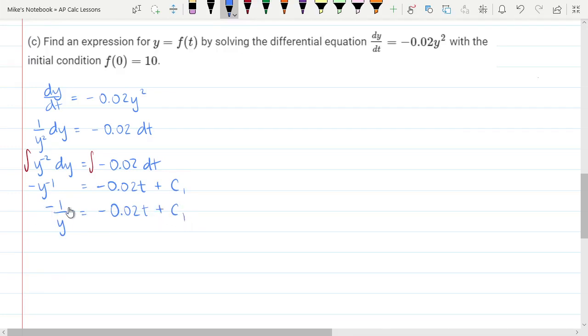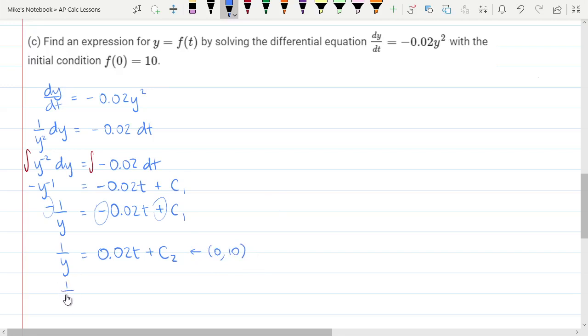If I multiply both sides by a negative, that negative becomes positive, that negative becomes positive, and that sign is going to change, which just gives us a new constant that happens to be the opposite sign. So I'm now going to write this as 1 over y equals 0.02 t plus c2. Now I'm going to substitute my initial condition, 0, 10.